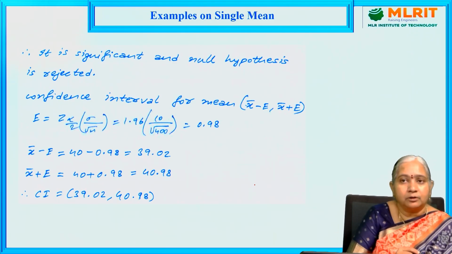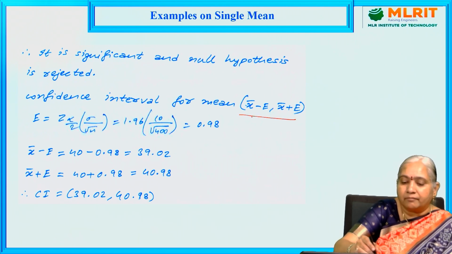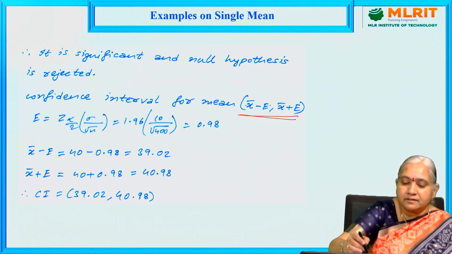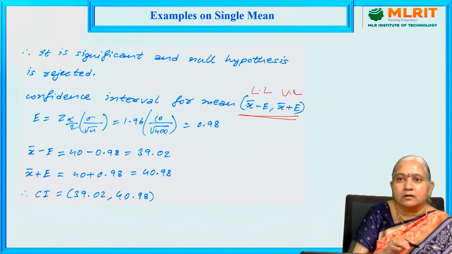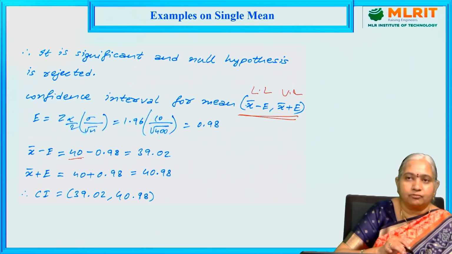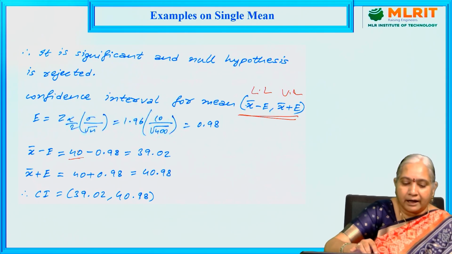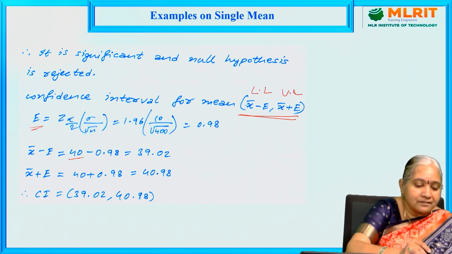And also we have to calculate the confidence interval for the population mean. The population mean mu belongs to this interval: x bar minus E, comma, x bar plus E. This is the lower limit and this is the upper limit. So in which interval does the population mean belong? Here x bar is the mean of the sample, which is 40, given in the question, and E is the maximum error in our estimation, that is Z alpha by 2 into sigma by root n.